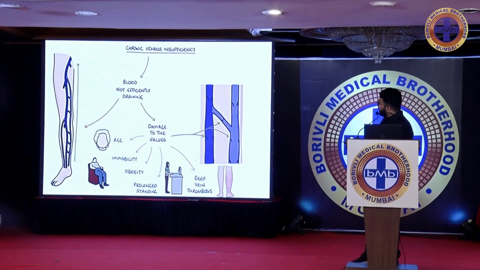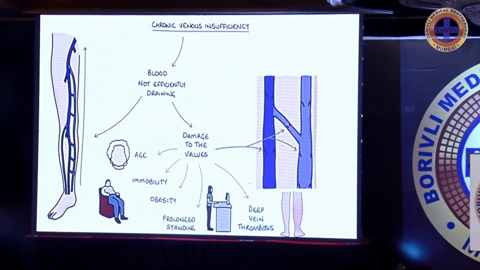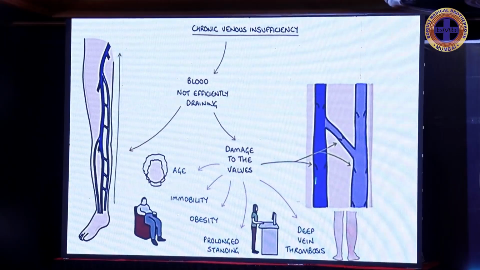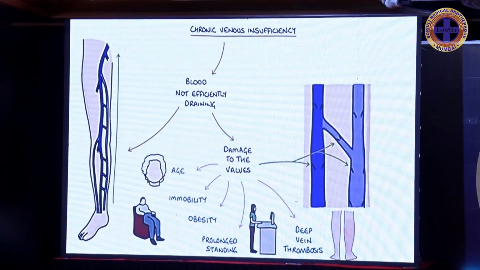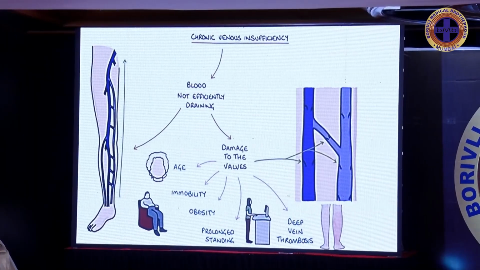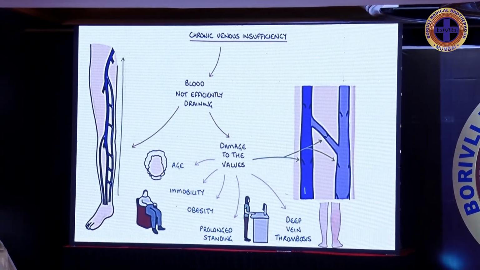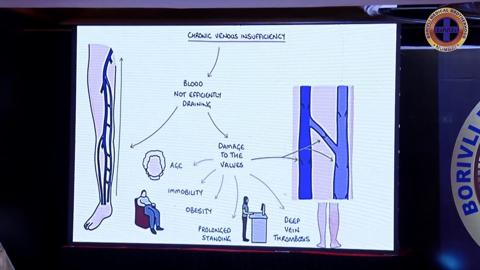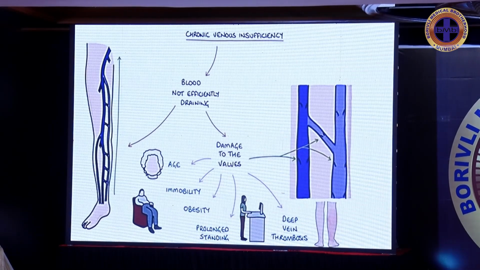To highlight chronic venous insufficiency that we saw there, what exactly happens? Like we discussed, we have the superficial veins, perforators, and the deep veins. There is a valve at the junction of superficial vein and the deep vein. When there is valvular incompetence over a period of time, the blood begins to stay static in the superficial vein, and from there it extravasates into surrounding skin and subcutaneous tissue.